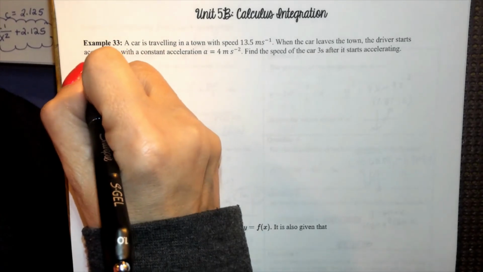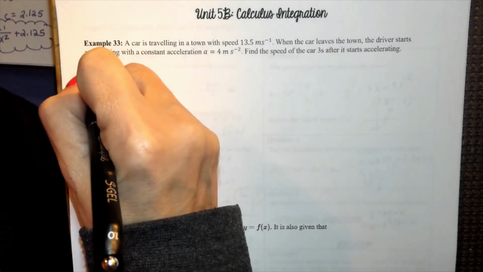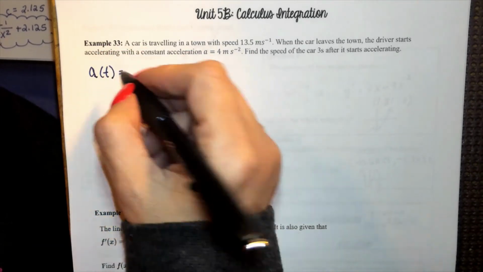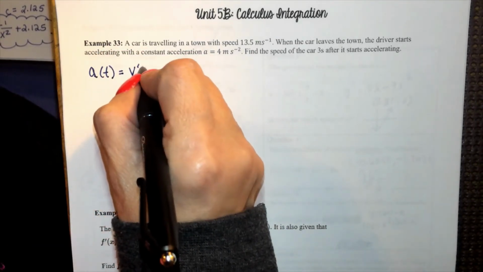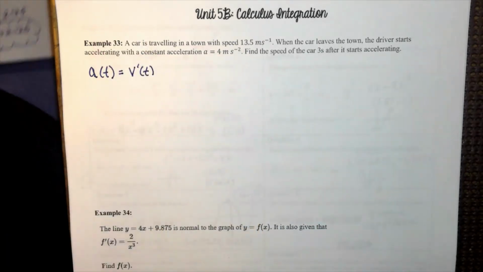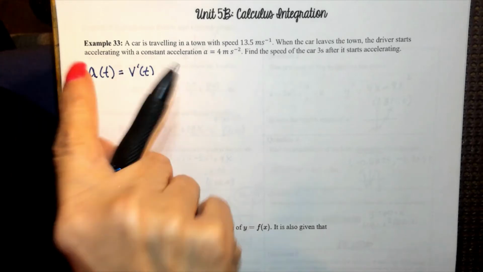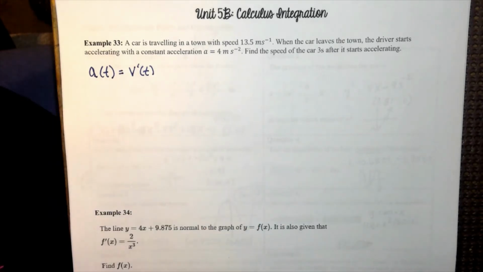So we know that acceleration is the derivative of velocity. That's something that we already know. To get the velocity, how would I get just the velocity?